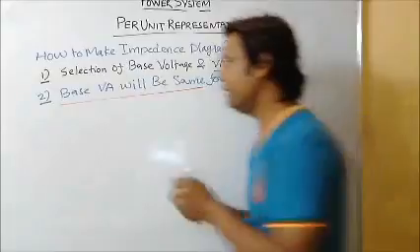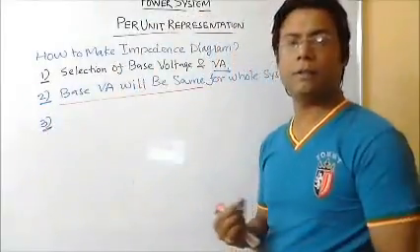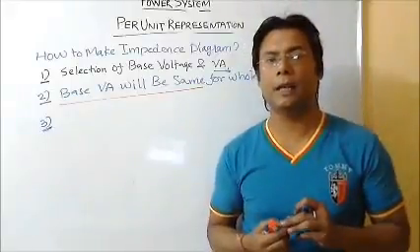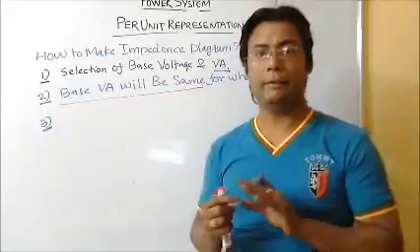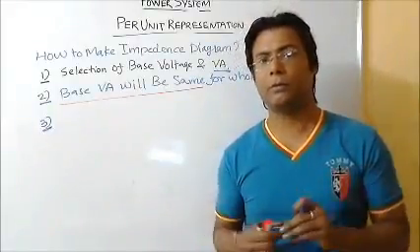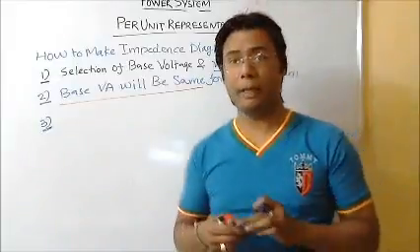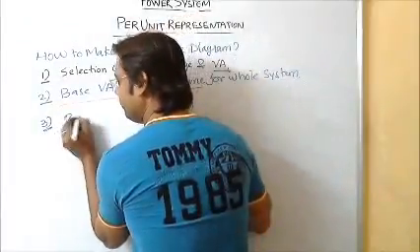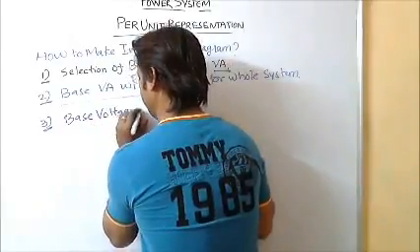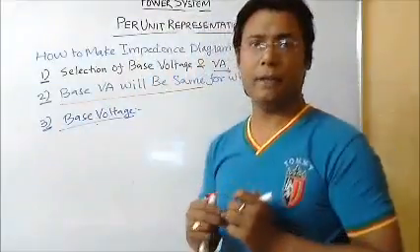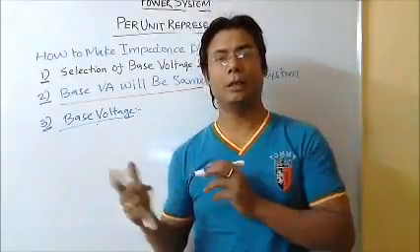So now coming to the third point, which is very important. Once you have selected the base voltage and base VA rating, the base VA will be the same for the whole system. No issues with that. But coming to the base voltage, please understand this very clearly: base voltages are not the same for the whole system.